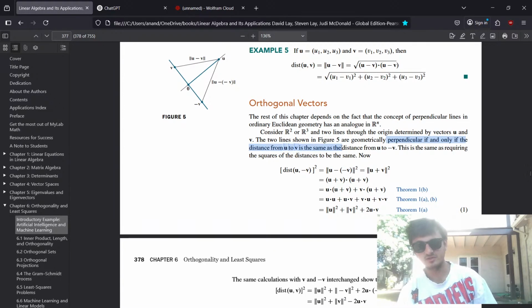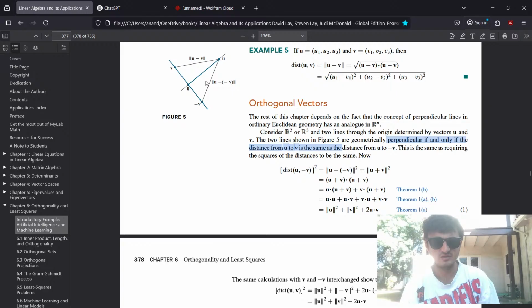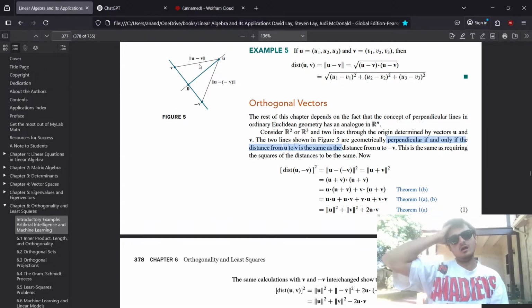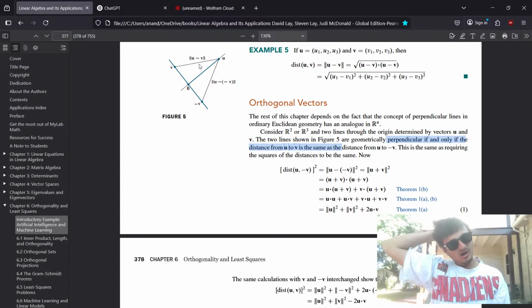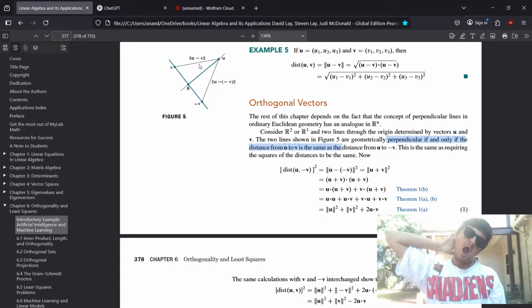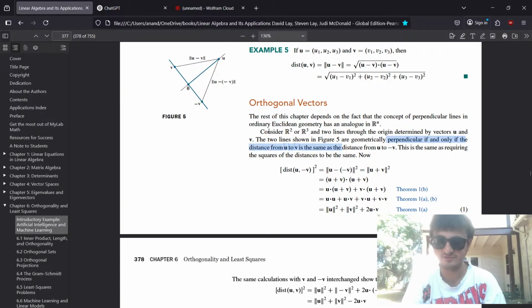Oh, yeah, that's interesting. This is the same as requiring the squares of the distances to be the same. Yeah, that's actually really cool. I never thought about that.